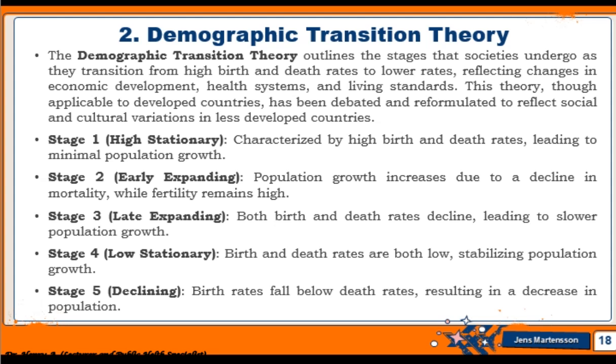Stage 3, late expanding. Under stage 3, you have birth rates beginning to fall as families shift from high fertility to low fertility. We have already gotten the number of children we need and we do not intend to add more.